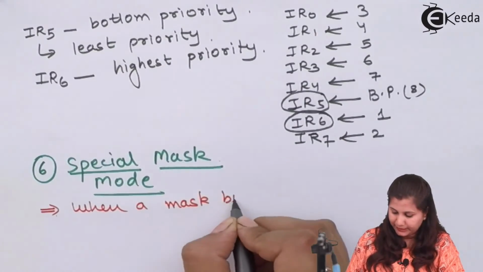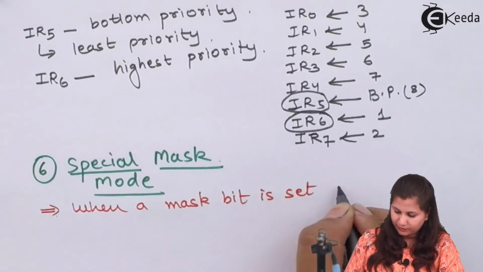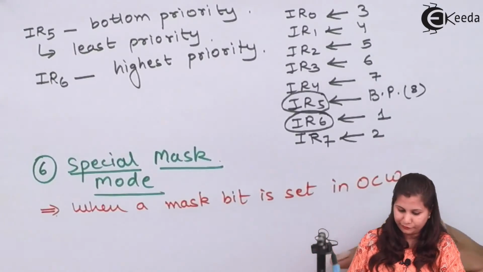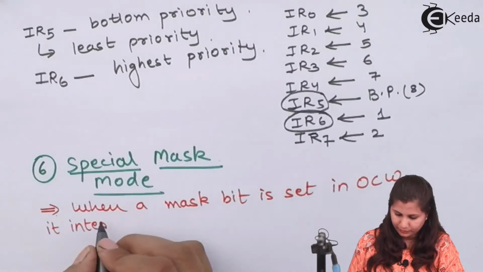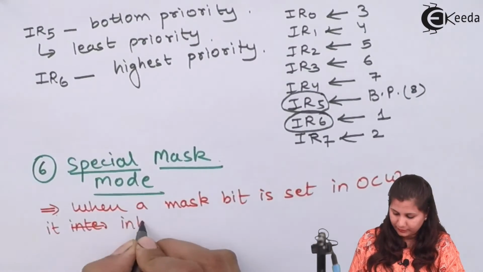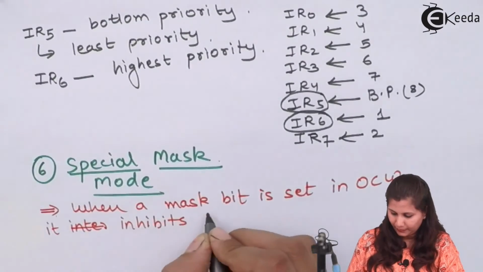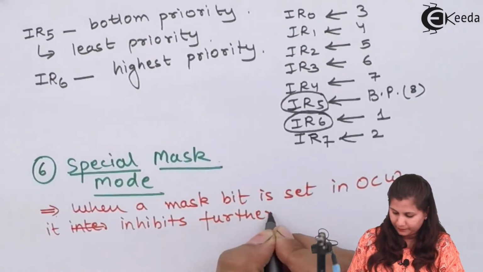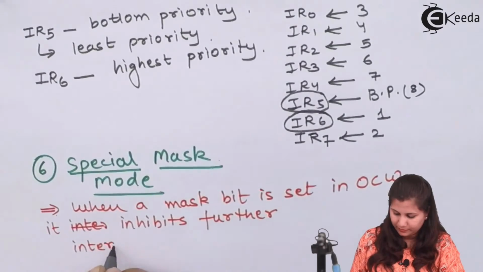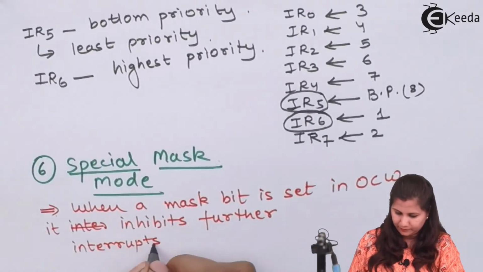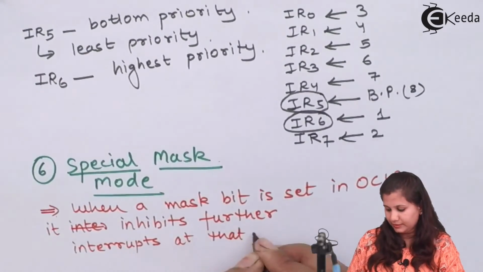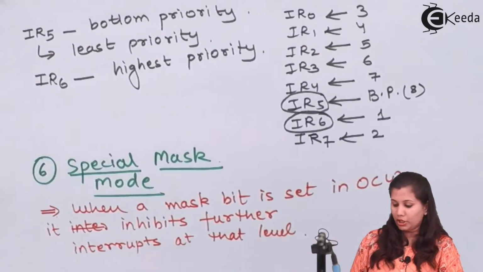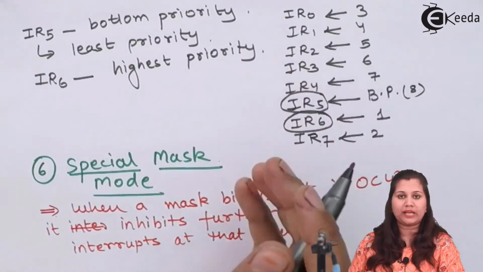When a mask bit is set in OCW1, it inhibits further interrupts at that level.